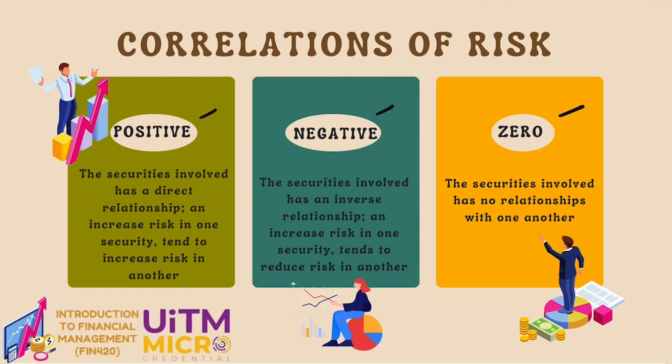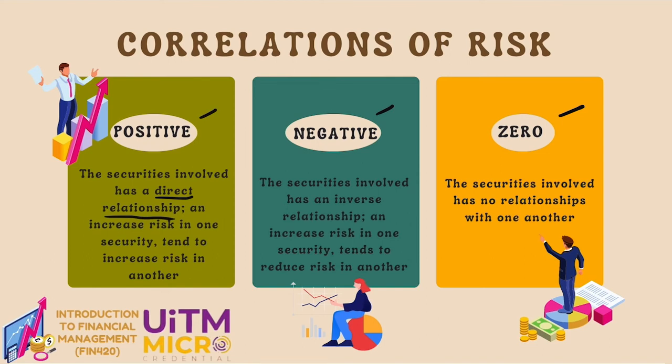A positive correlation indicates that the securities have a direct relationship with other securities, in which an increase in risk of a security will increase the risk in another security.